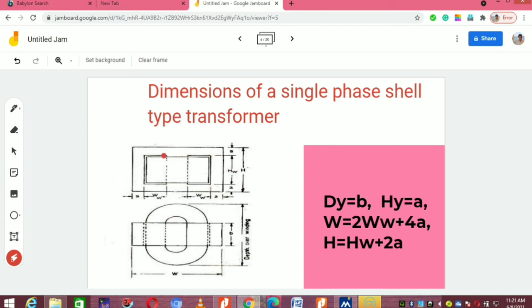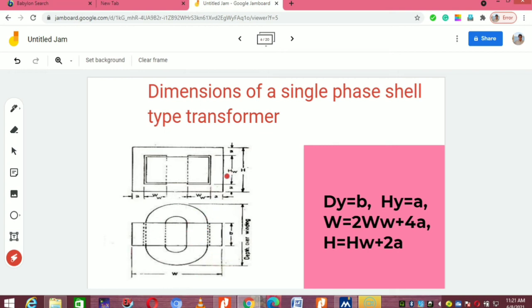Here we have 3 legs, 2 side legs and 1 center leg, and this is the window. The top one is the side view and the bottom one is the top view.